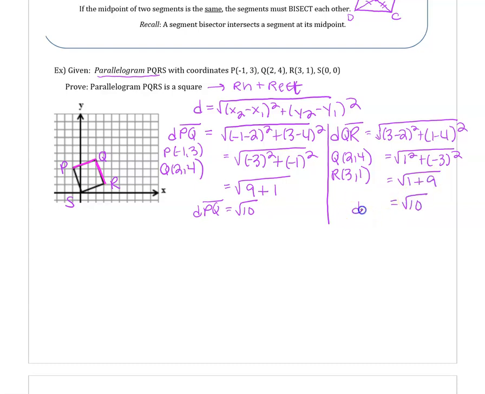So I'm getting the square root of 10 again, which means that PQ must be congruent to QR. Now, again, this proves a rhombus because if this is a parallelogram, you know opposite sides are congruent, so therefore all those sides must be congruent. Okay, so I'm just going to state that PQ is congruent to QR because the distances are equal.